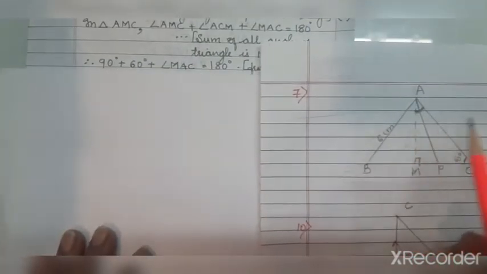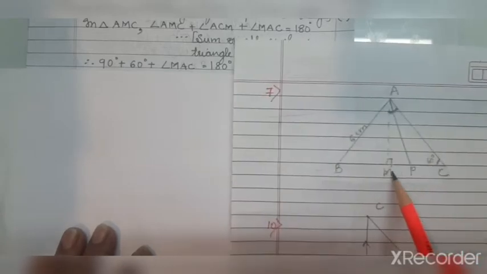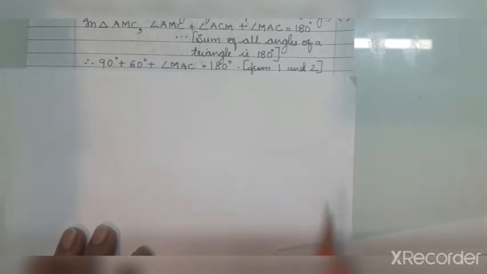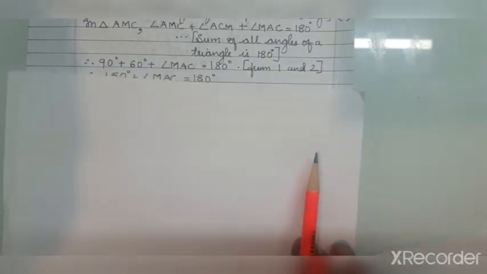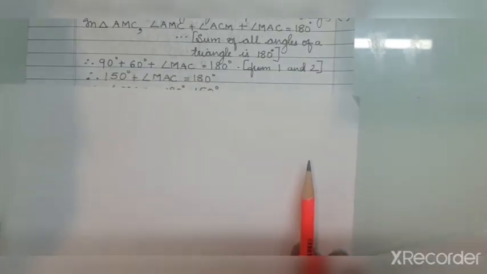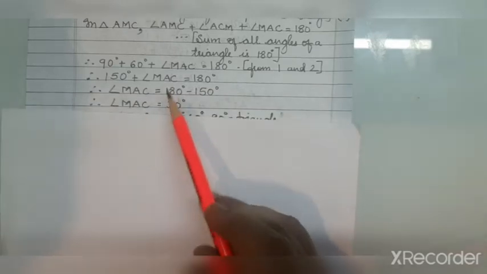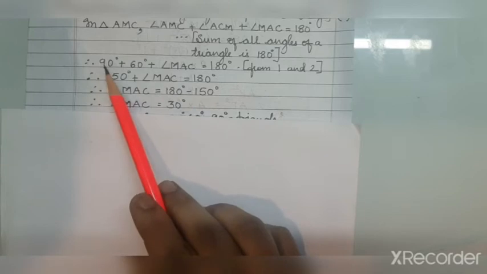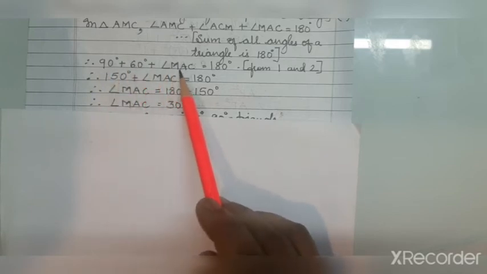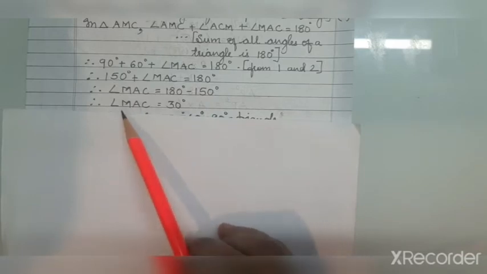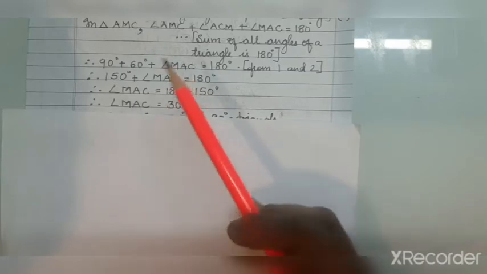You will see here one angle is 90, the other is 60, so accordingly we solve the remaining one. This is a simple calculation: just substitute two angles and we get the third angle. So measure of angle MAC becomes 30 degrees.